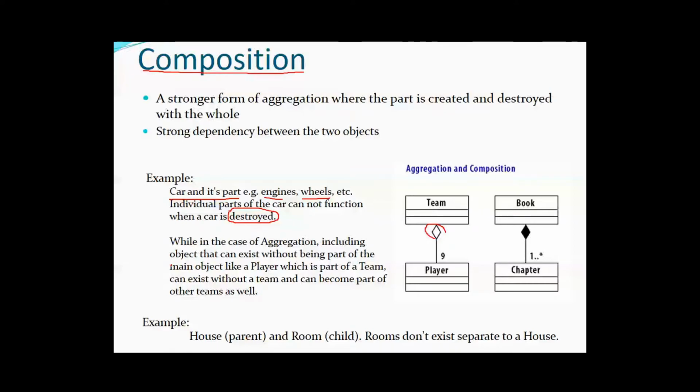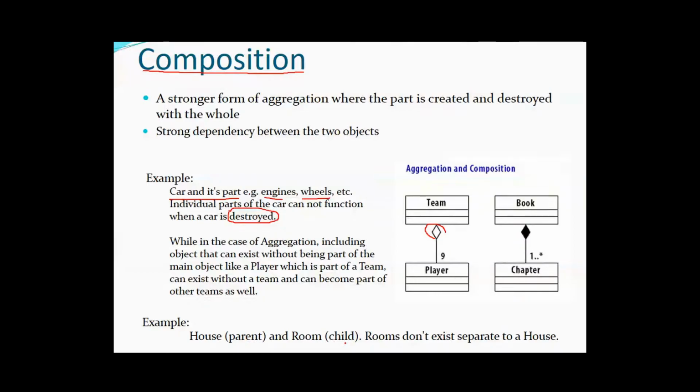So you are a family, and the family contains sons and daughters. If some of them separate from the family, get married, that will not destroy the family. The family is still a family. So this is aggregation.